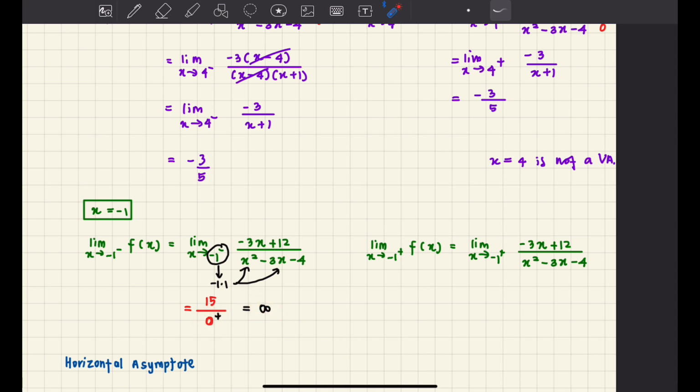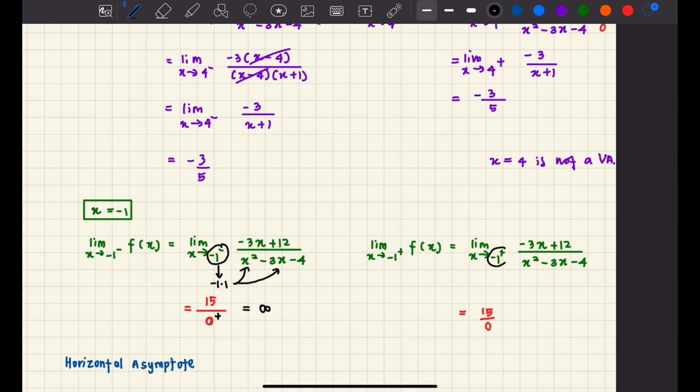Okay, so now let's test for limit approaching negative 1 from the right pula. Okay, so bila kita substitute, kita still akan dapat jawapan yang sama, in which awak akan dapat 15 over 0. Okay, so again, when we have 0 in our denominator, now we are going to put the positive sign over here into use. Okay, means that kita akan test value lah.